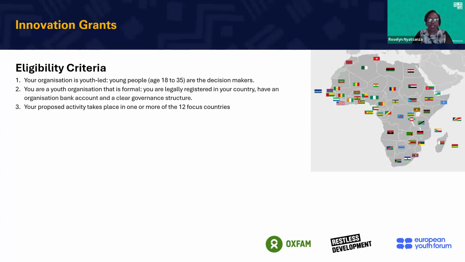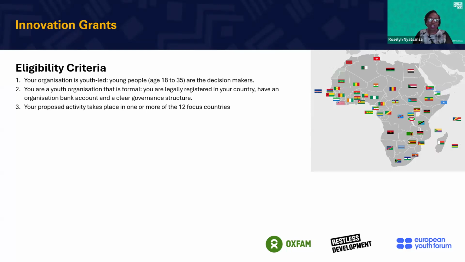Here we're looking at young people between the ages of 18 and 35, and within an organization, we want to see that these are the decision makers. That's a very key eligibility criterion, because this grant is for young people, by young people, with young people.